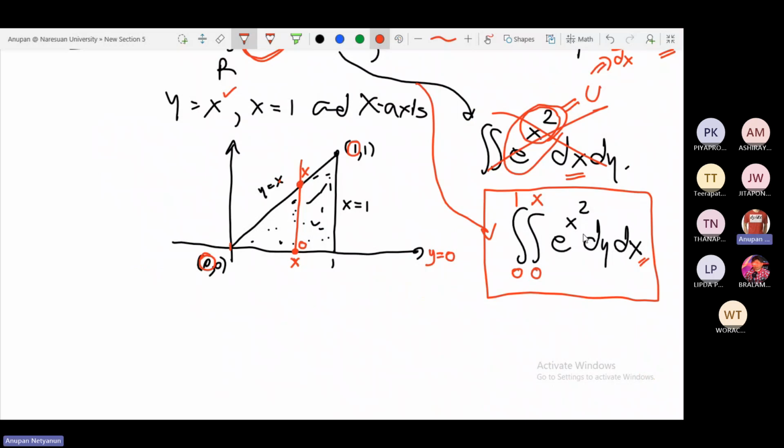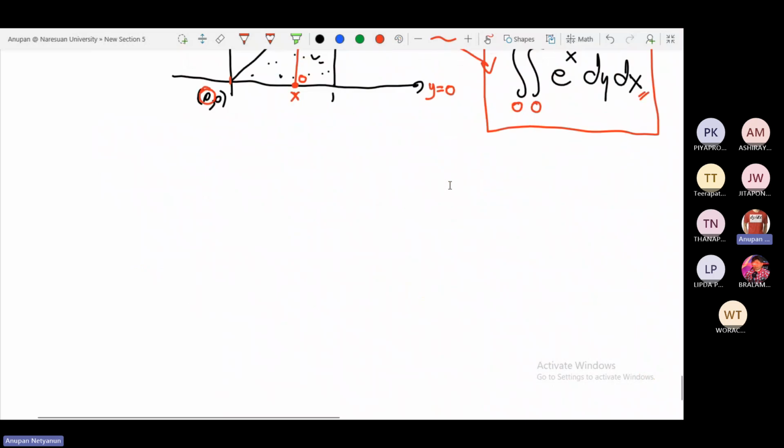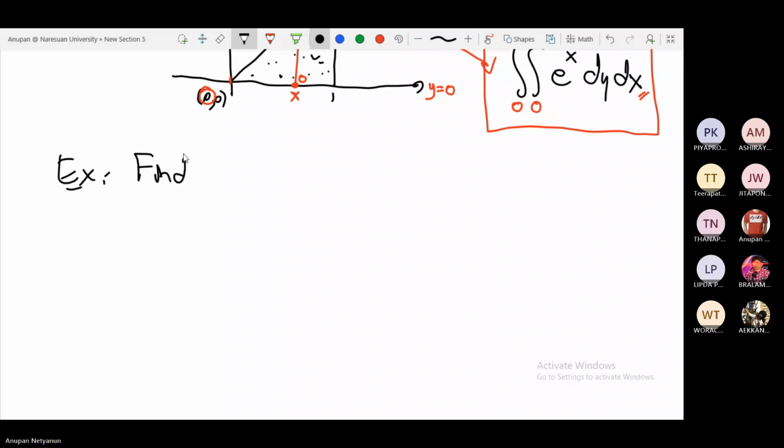Let me give you one more example. Find the double integral. So this one, they just specify the order for you, which is x from 0 to 1, y from x to 1, sine of y squared dy dx.